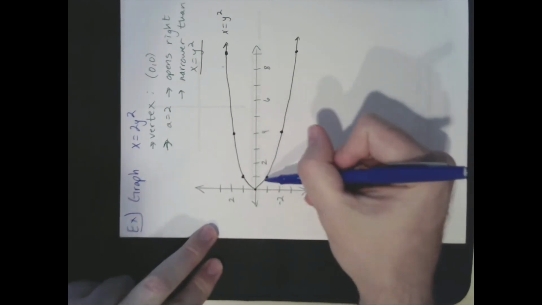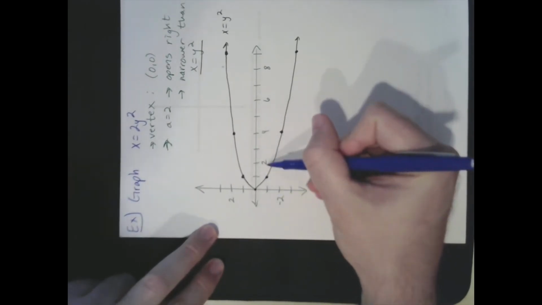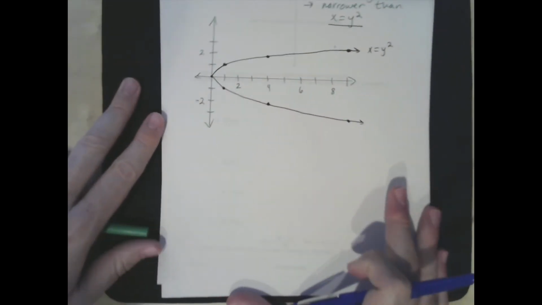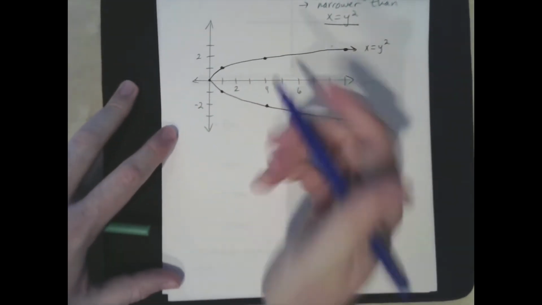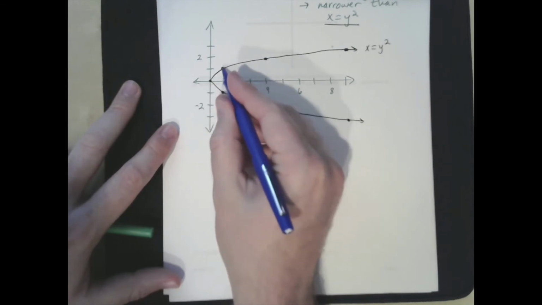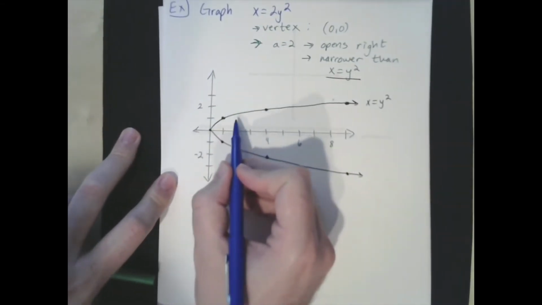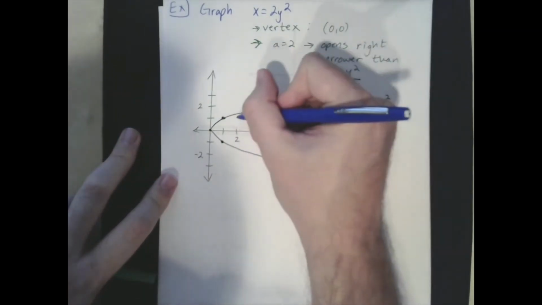So if this was the standard graph, we would say 1, 1 goes to 1, 2. Well, our graph is not the standard graph. It's the horizontal version. So instead of 1, 1, it's 2, 1. So this point gets pulled along the x out to 2.